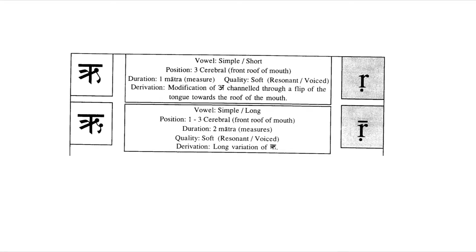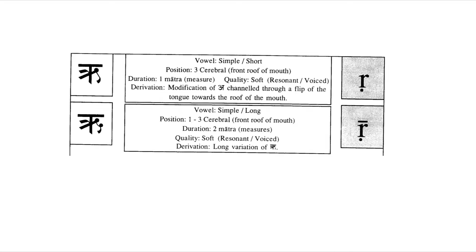And just as the first 3 vowel positions have their respective long sounds, ah, e, oo, so also r at position 3 has the long vowel sound, ri, ri, ri, ri.